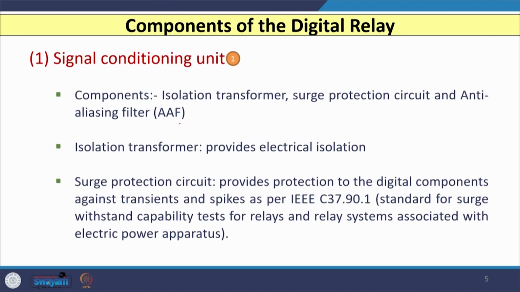The signal conditioning unit, as I told you, contains two important things: the isolation transformer and the anti-aliasing filters. The isolation transformer is used to provide electrical isolation between the power circuit and the control circuit. Along with the isolation transformer, a surge protection circuit is also used in the signal conditioning block.